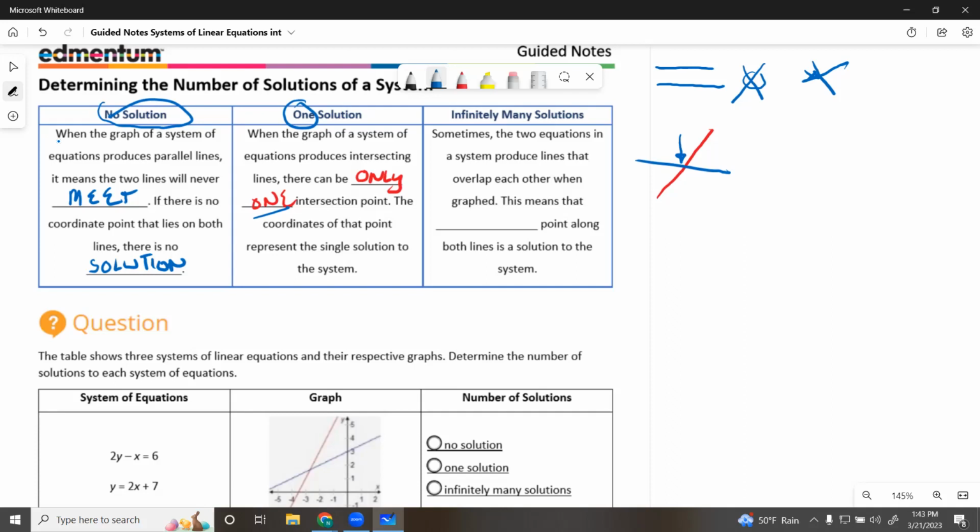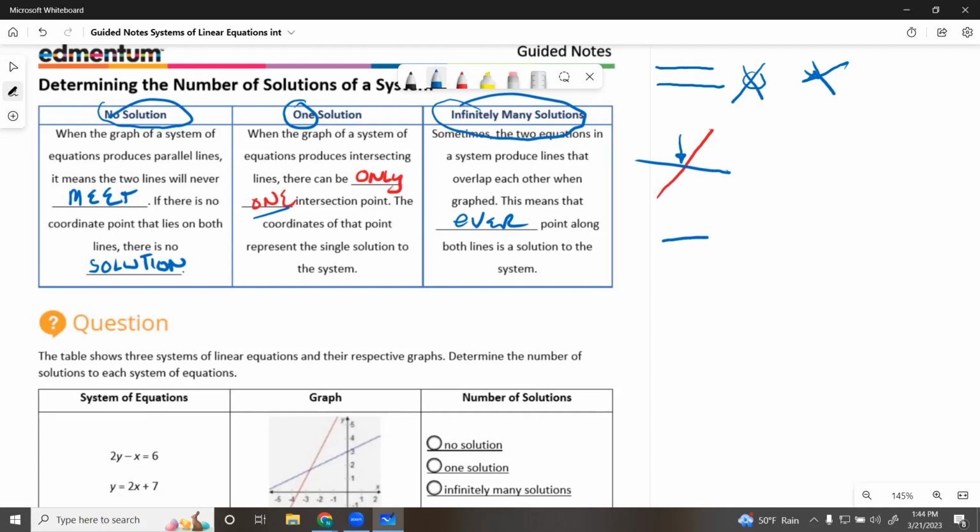Infinitely many solutions. Sometimes the two equations of a system produce lines that overlap each other when graphed. This means that every point along both lines is a solution.